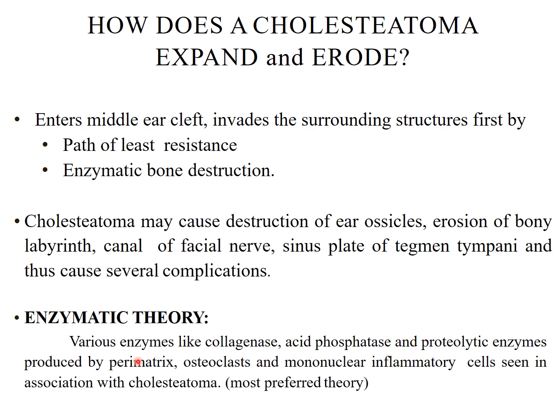These are produced by the perimatrix, osteoclasts and the mononuclear inflammatory cells seen in association with cholesteatoma. And so this is the most preferred theory which shows how the cholesteatoma causes destruction and expansion into the surrounding structures.